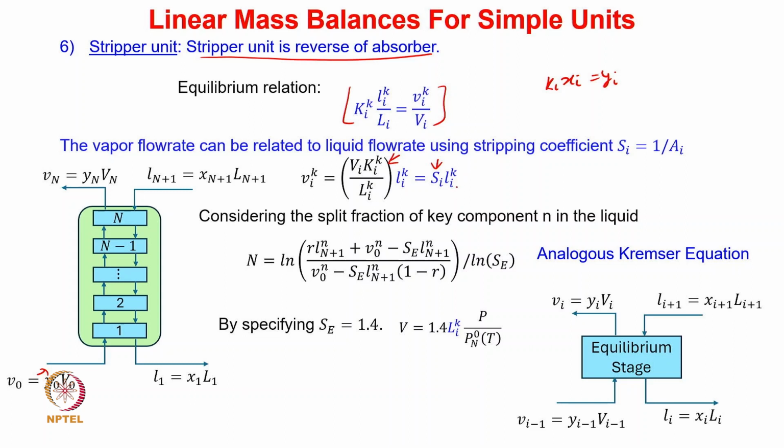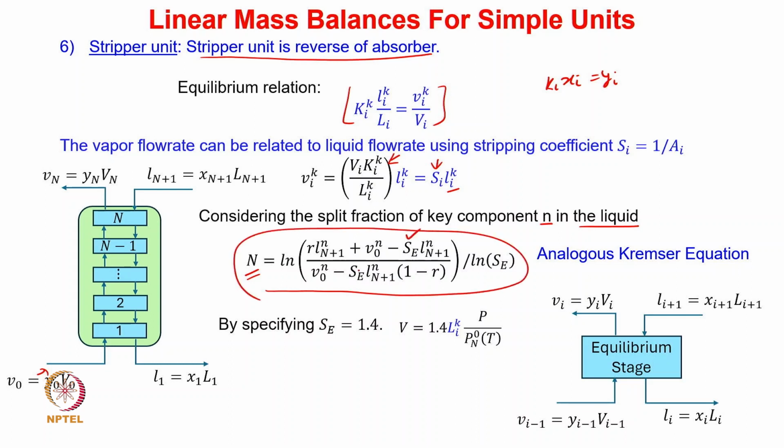In the absorption unit, you can see that we represented the liquid flow rate in terms of the vapor flow rate. In this case we are doing the reverse: the vapor flow rate is represented in terms of the liquid flow rate. Now considering the split fractions of the key component N in the liquid, similar to the Kremser equation obtained in the absorption unit, in the stripper unit also we get another Kremser equation in terms of the stripping factor.